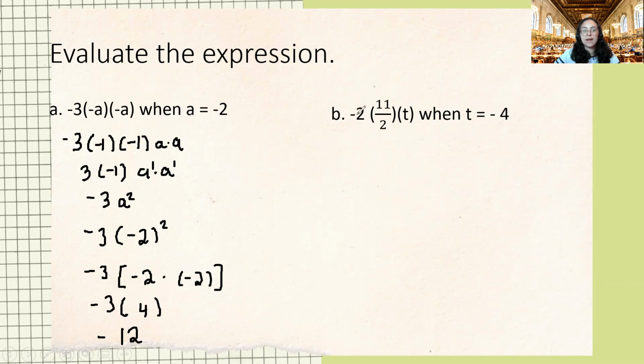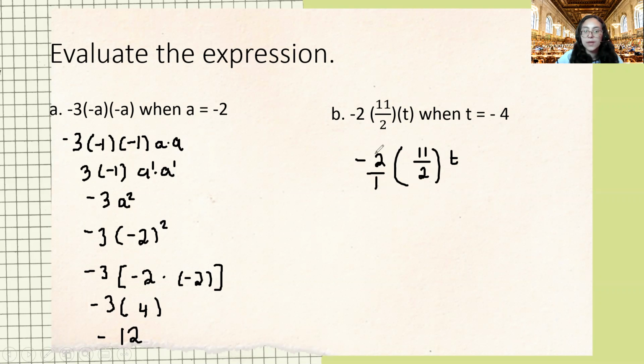For b, I have negative 2 times 11 over 2 times t, and we're asked to evaluate when t is equal to negative 4. Now I'm going to clean this up first. I have negative 2 times 11 over 2, and I have our t. And notice here that I have to multiply these two things together.